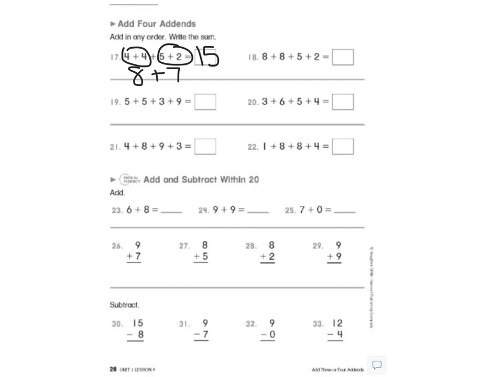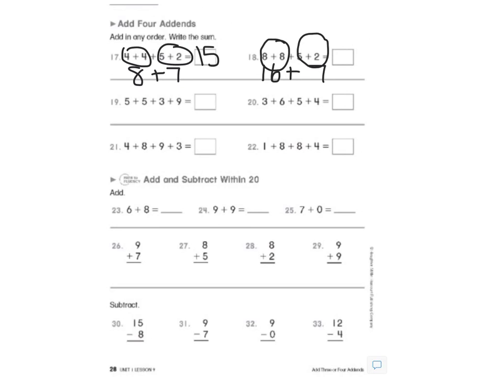Okay? For number 18, if I look at number 18, I can see that 8 plus 8 would give me 16 here. That's a double. 16 is my first amount. I can also do 5 plus 2 next. 5 plus 2 is 7. So I can add 16 plus 7. Okay?